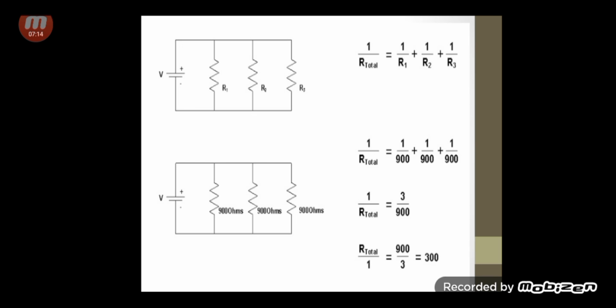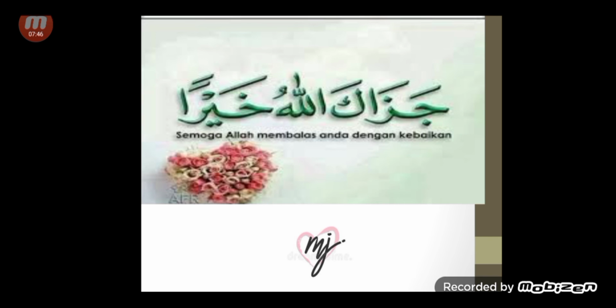R1 has 900 ohms, R2 provides 900 ohms, R3 provides 900 ohms. You will solve it and get your answer. Remember one thing, after taking the LCM and the reciprocal of R total, you will get your answer. So don't forget to take the LCM, and don't forget to take the reciprocal to get the answer for R total. Otherwise, you will get the answer for 1 divided by R total. So the final answer will be 300 ohm.